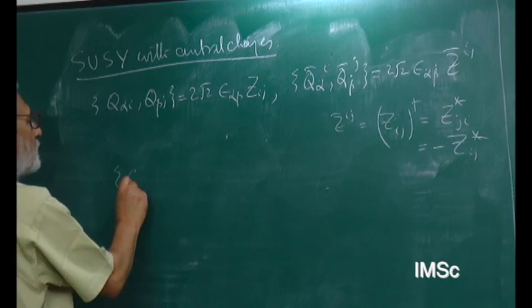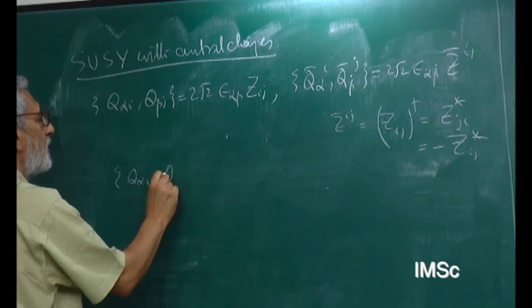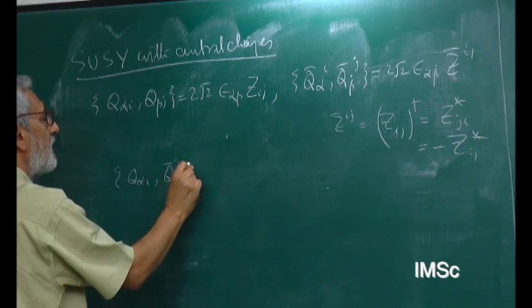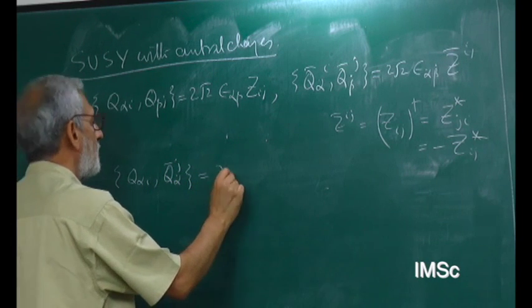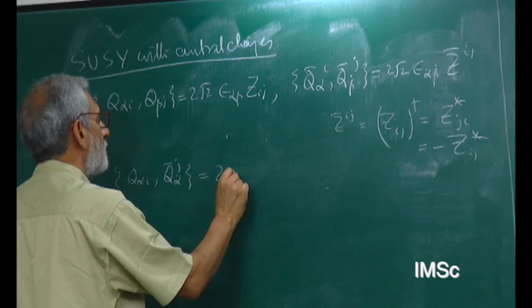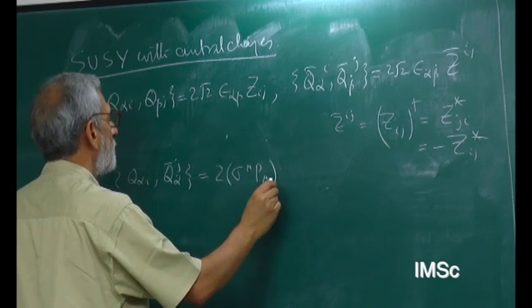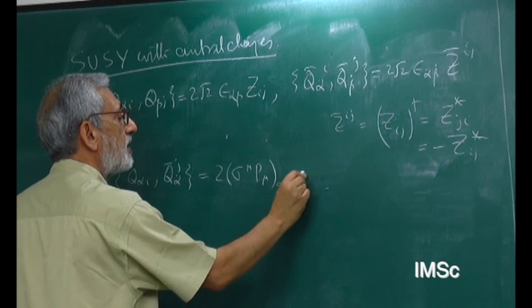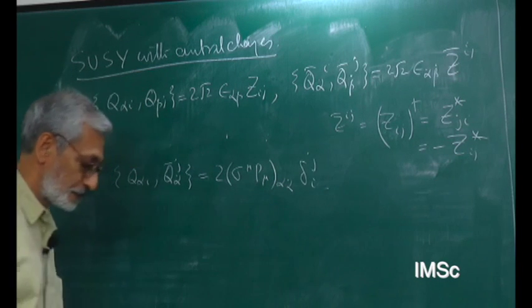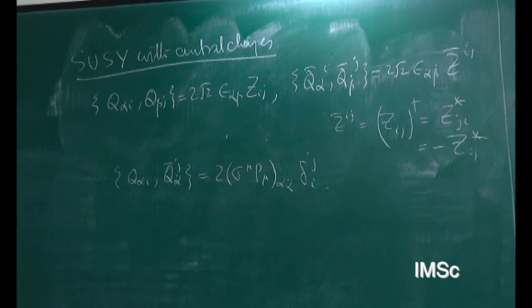And then we have Q alpha I, Q bar alpha dot J, anticommutator 2 sigma mu P mu alpha alpha dot delta IJ. This is what we have.